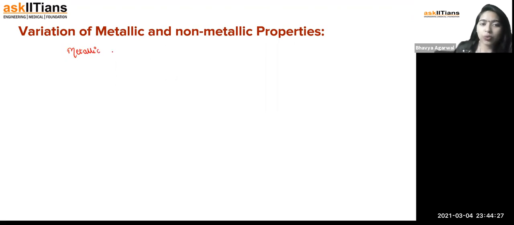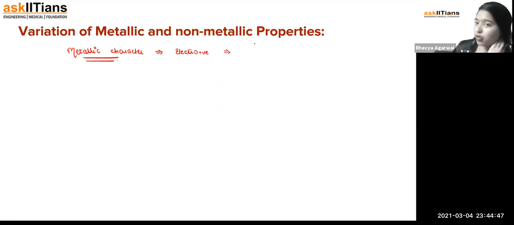When we talk about the metallic character, how do you classify metallic character in anything? Metals are electropositive, right?